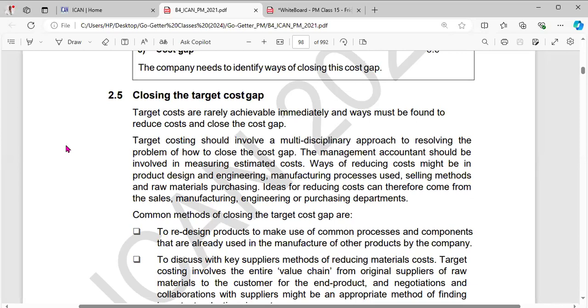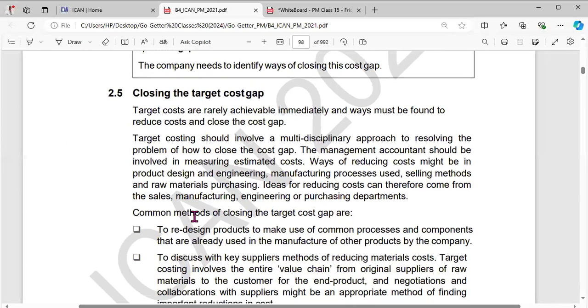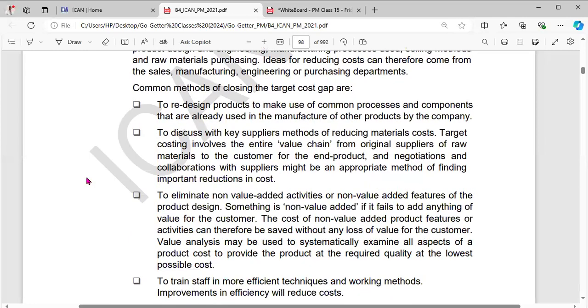So, three common methods of closing the target cost gap. We have to redesign products, to make use of common processes and components that are already used in the manufacture of other products by the company.